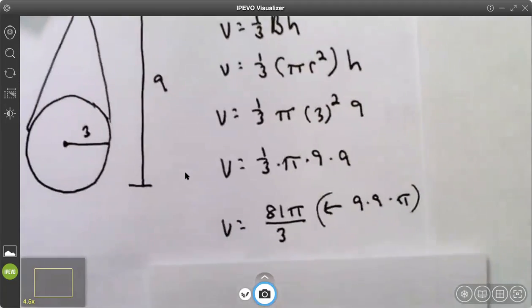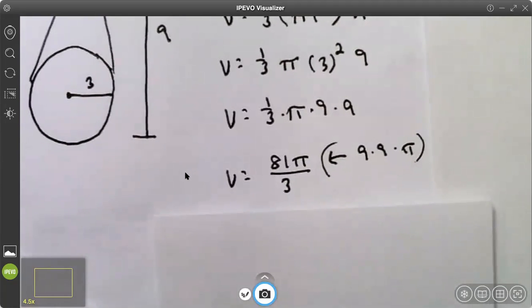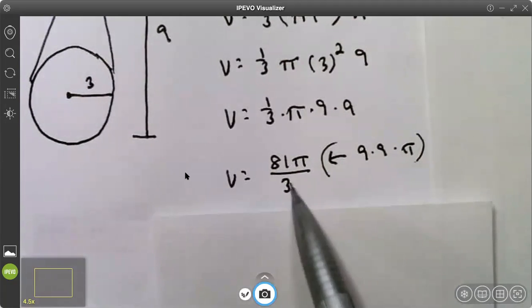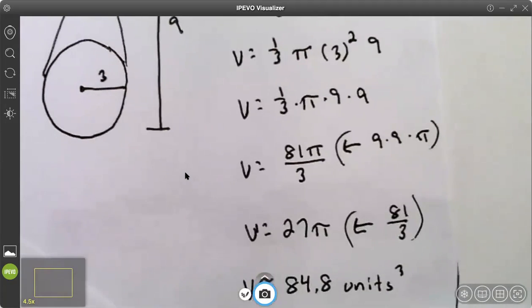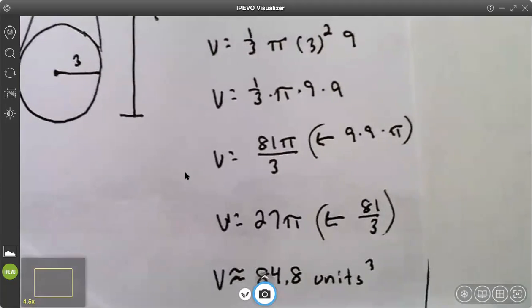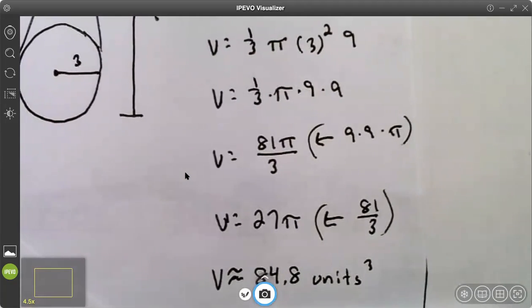So what I would prefer to do is multiply 9 times 9 to get 81. Go ahead and divide first. 81 divided by 3 is 27. Then multiply by pi to get my answer, which is 84.8 cubic units. You can do it a different way. That's just how I would prefer to do it if I were doing it.